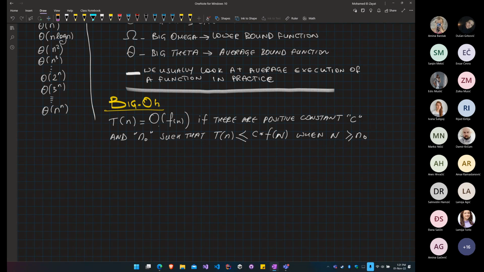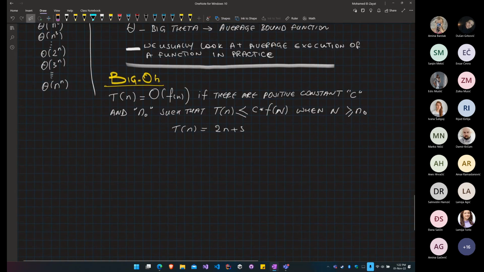Okay, so what does this actually mean? Let's say for example that T of n equals 2n plus 3. By definition, I will just take this and substitute it here.